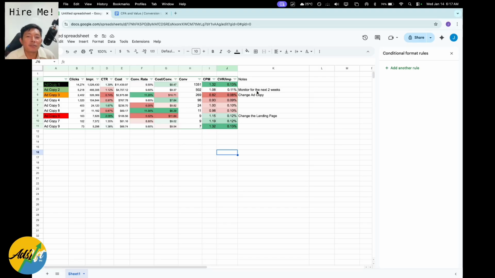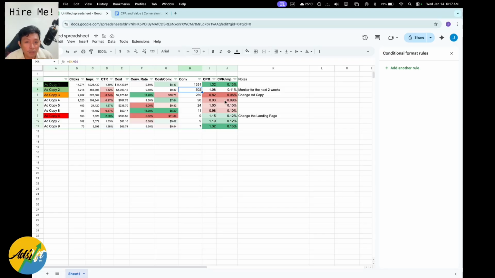So here, this one needs to be monitored for the next 2 weeks, because this one shows an average. 1.2 is not the lowest among the rest. It's on average, and the conversion rate is still on average. It's not that high, it's not that low, as well as the cost per conversion, it's on average, and the conversions justify the rest of the metrics. It's all average. The conversions justify it as the second highest conversion it generated.